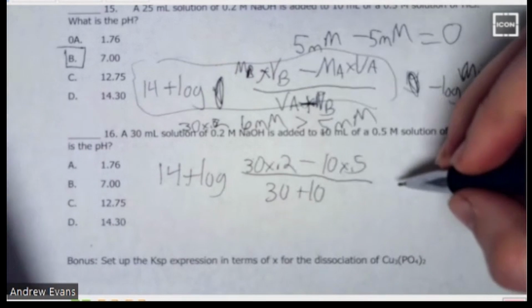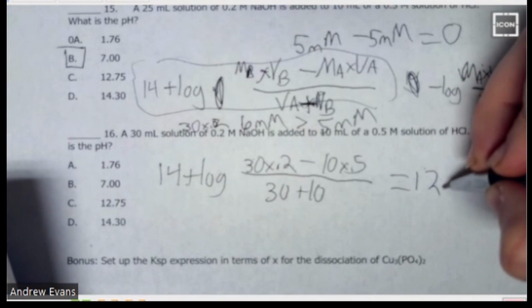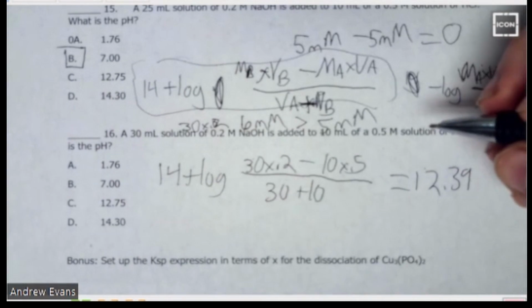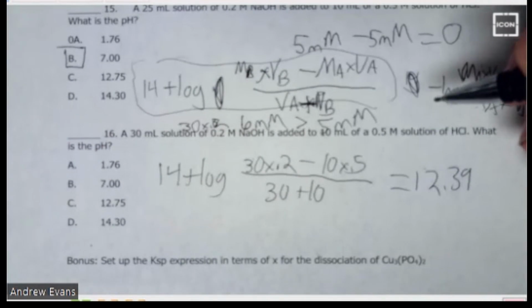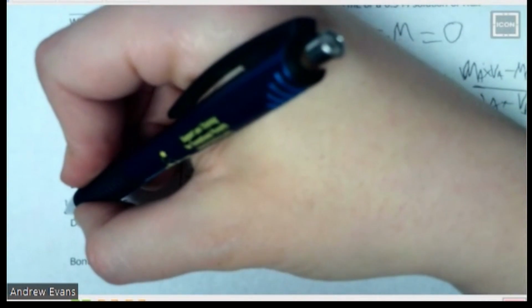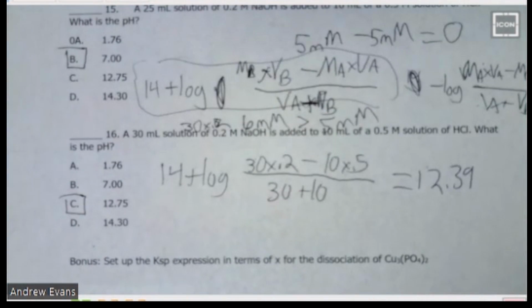The answer you get is something like 12.39. Clearly not 12.75. I don't know how I got 12.75, but the closest you can get would be that number. That's what I was going for. It's not pH 7. It has to be just beyond that.